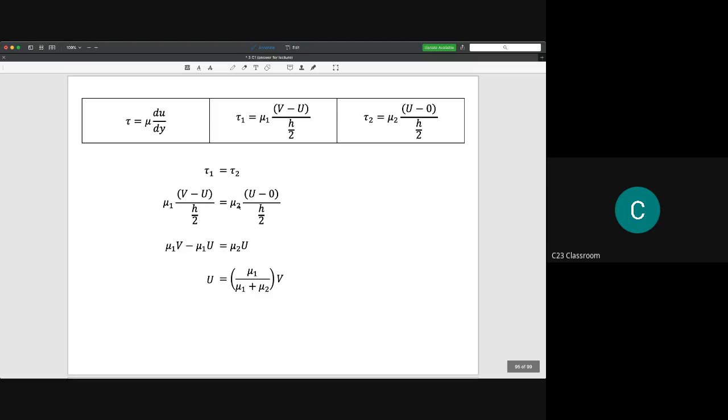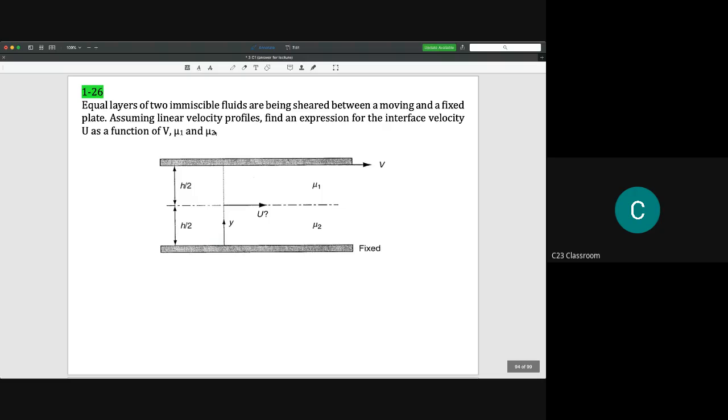We could calculate the value of shear stress. The main idea is tau equals mu du/dy. As I mentioned previously early in our class, the idea of tau equals mu du/dy is specifically for one fluid.